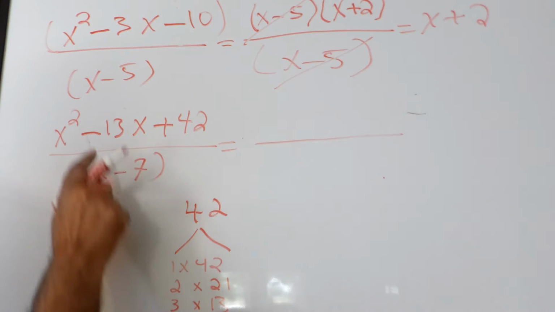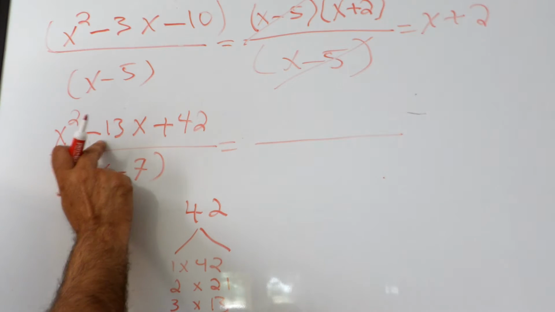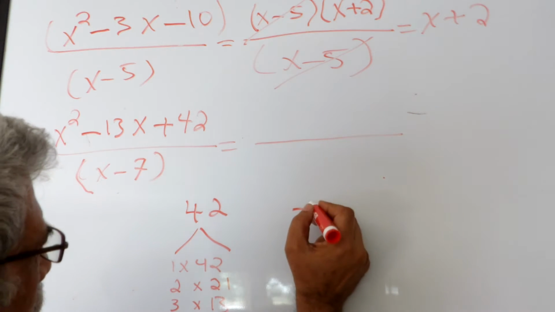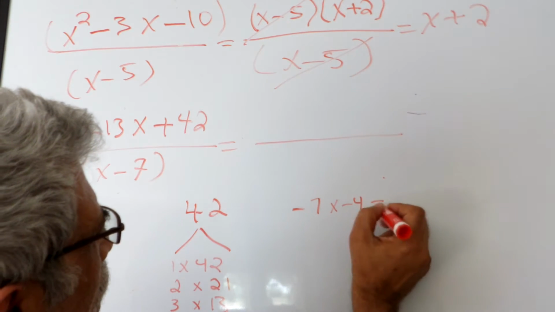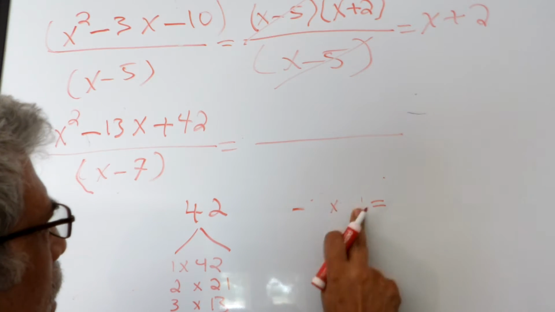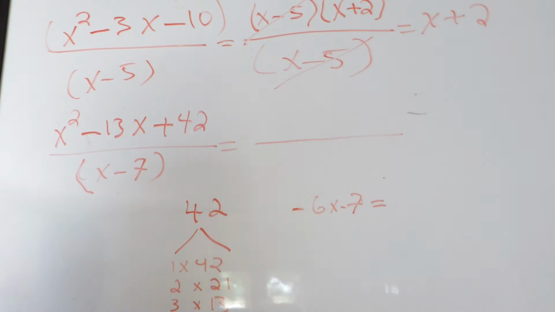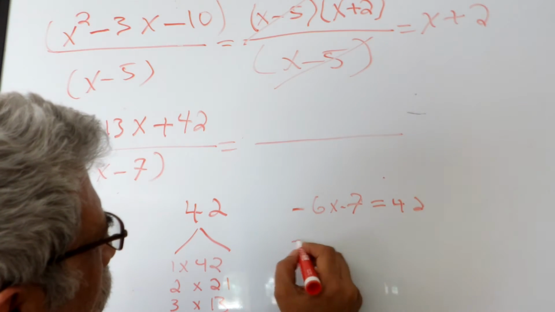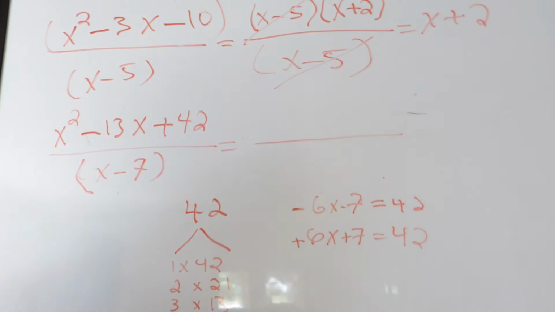If we add these two numbers they have to add up to 13, and the multiplication is 42. So either both of them are going to be minus, and the multiplication is 42, or both of them are positive, and the multiplication is 42.